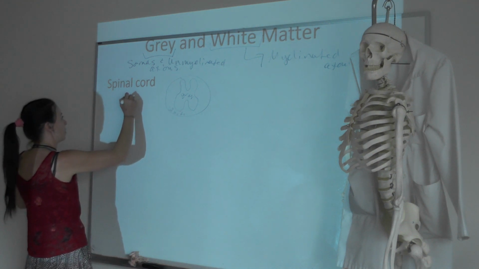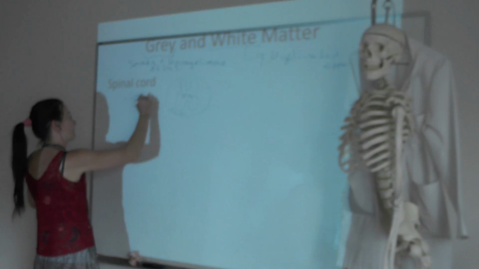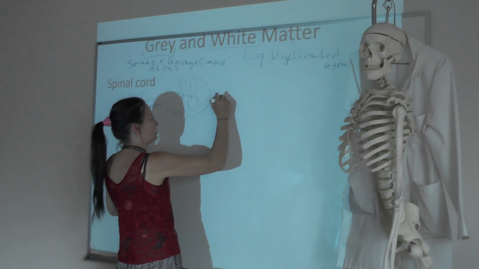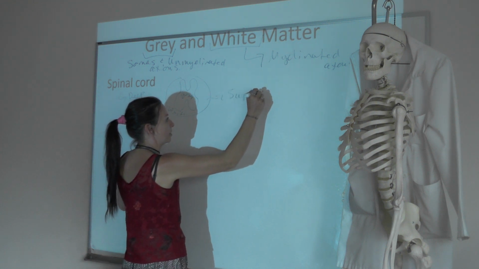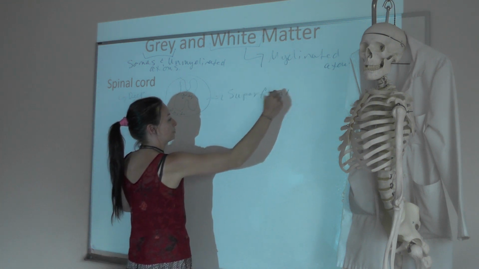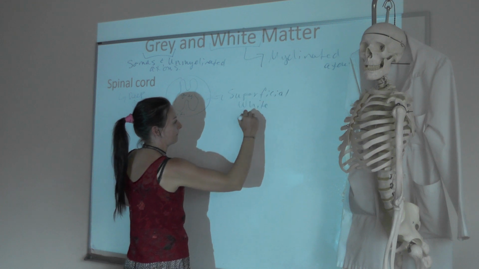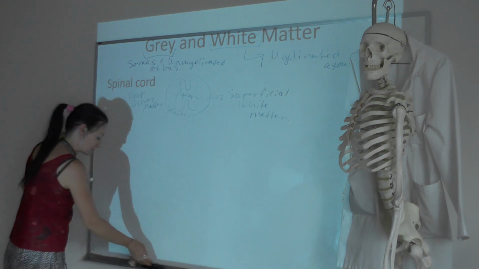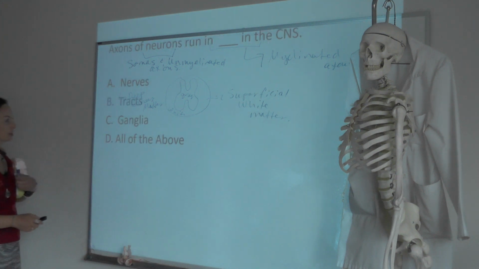So in the spinal cord, we've got deep gray matter and superficial white matter. How does this relate to what I asked you in the last question?